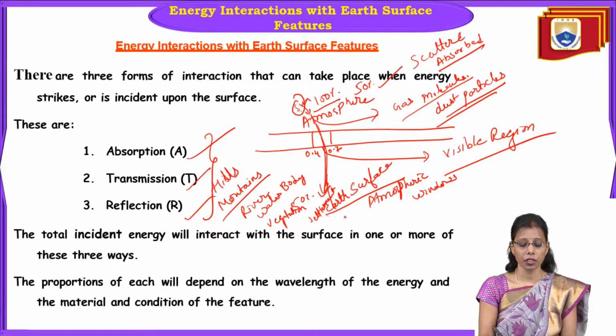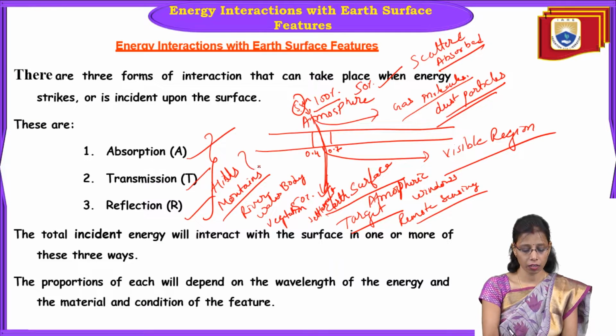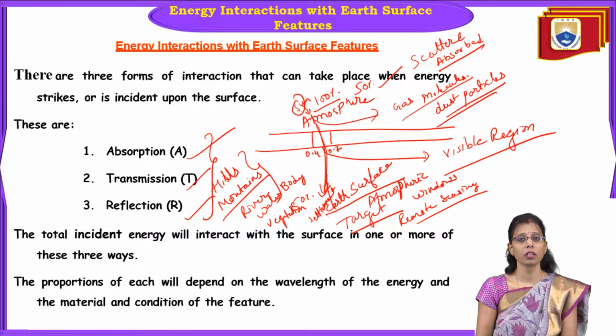The Earth surface feature will always be the target of the energy for the remote sensing process. In our target we have all these features present on the Earth's surface.